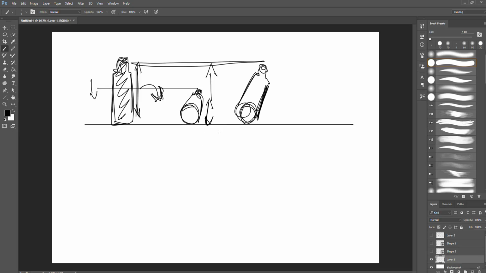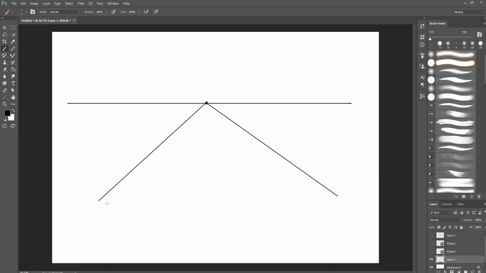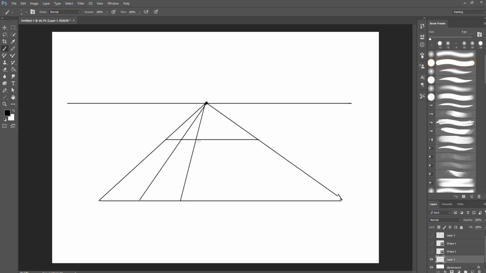So, for example, let's say that I am working on a tabletop. So I have a still life on a tabletop in 1 point perspective. Excuse me. And I have gridded out this tabletop.